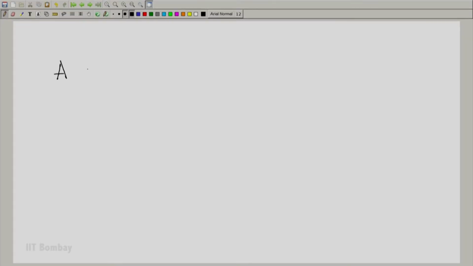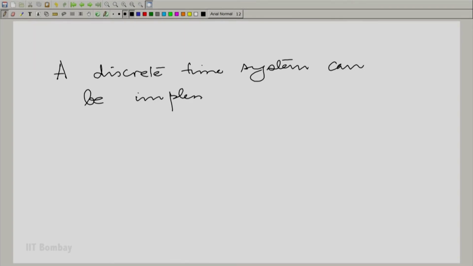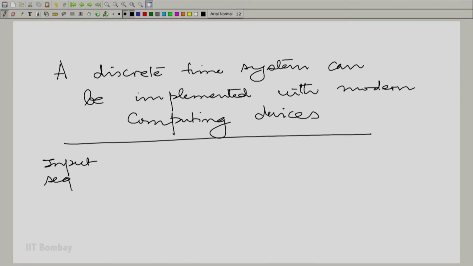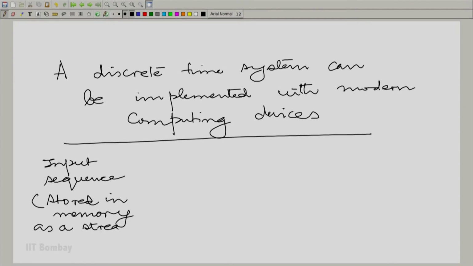So, let me draw the figure here. A discrete time system can be implemented with computing devices, in fact modern computing devices if you like. Input sequence can be stored in memory as a stream of samples.